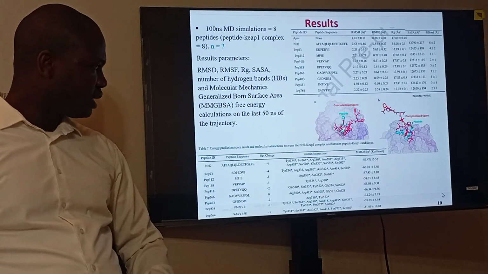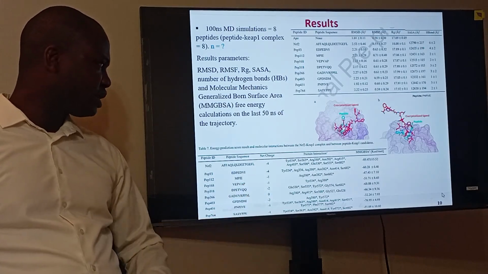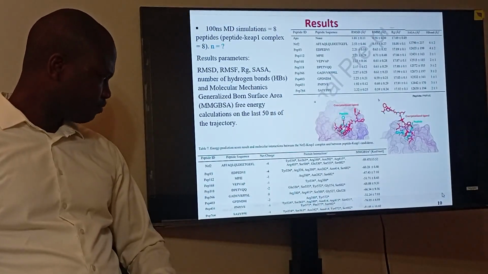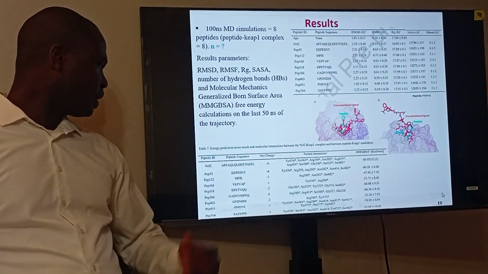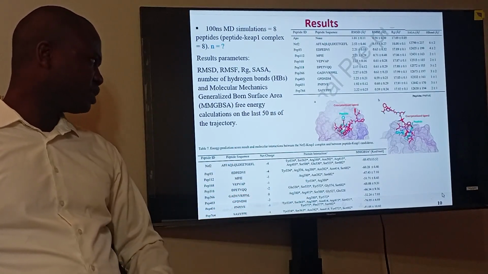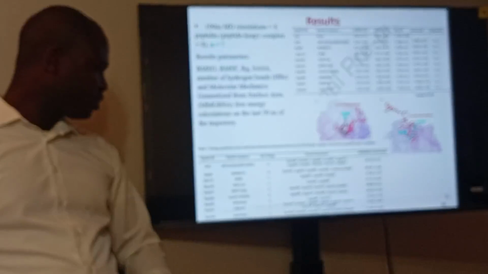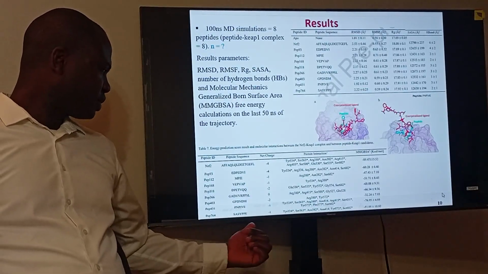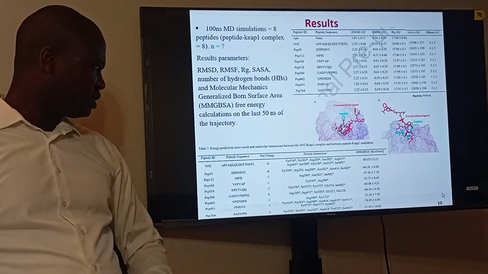But looking at the free energy MMGBSA results, we can see from here that NRF2 has minus 89.47 kilocalorie per mole free energy, while peptide 431 has minus 76. It's very good.